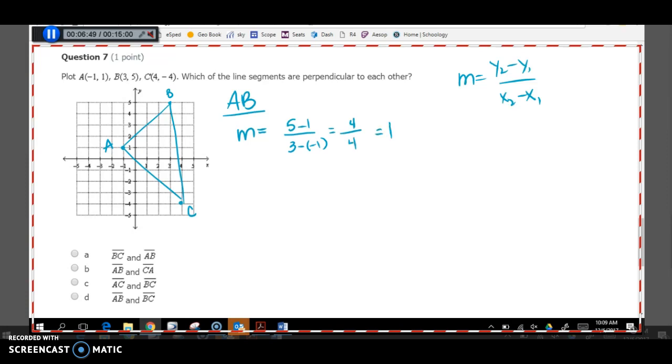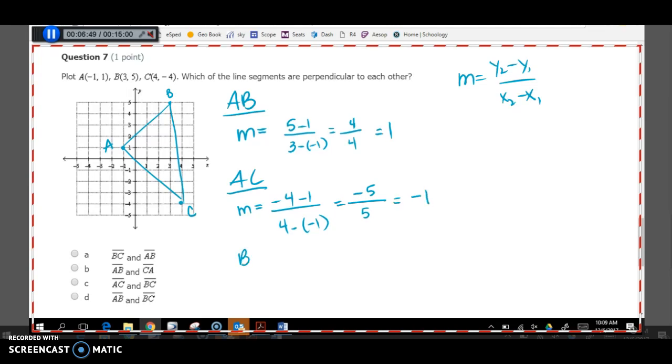The slope of AC, M equals negative 4 minus 1 over 4 minus a negative 1 equals negative 5 over 5, which equals negative 1.